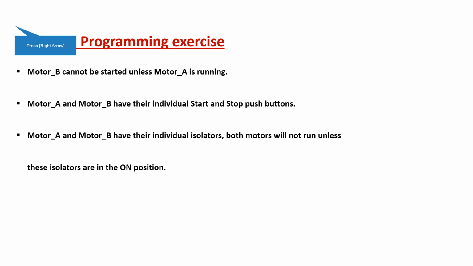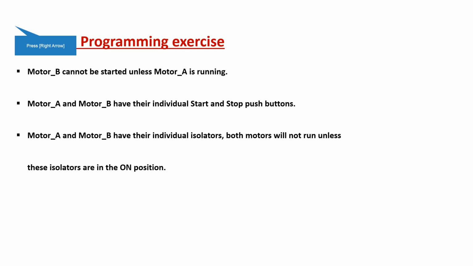Condition number 3: motor A and motor B have their individual isolators. Both motors will not run unless these isolators are in the on position. Remember, an isolator is an on-off switch.